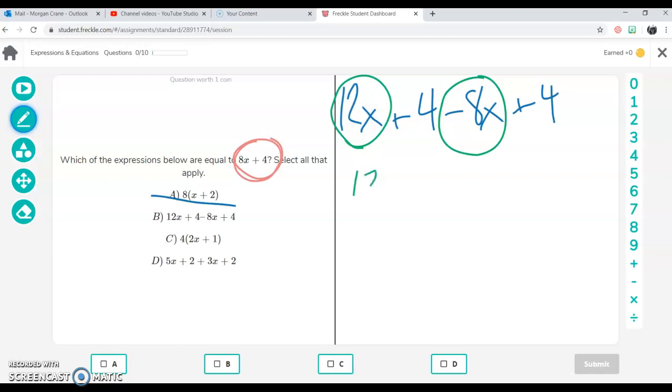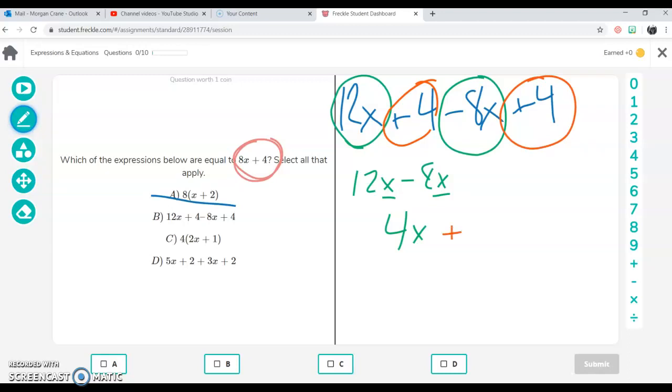So if we did 12x minus 8x, 12 minus 8, because they both have an x, you can subtract them. 12 minus 8 is 4x, and then they want you to combine positive 4 and positive 4. Having technical difficulties today. So we have 4 and 4 is 8, so we end up with 4x plus 8. That is not the same thing, so B does not work.